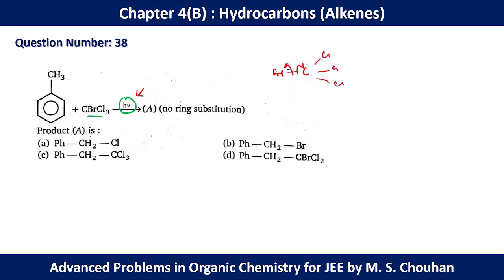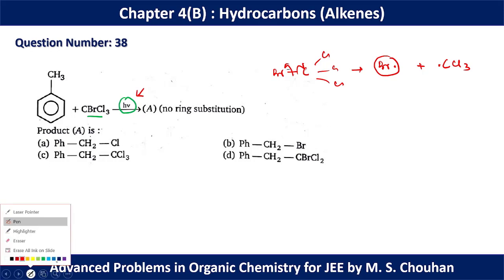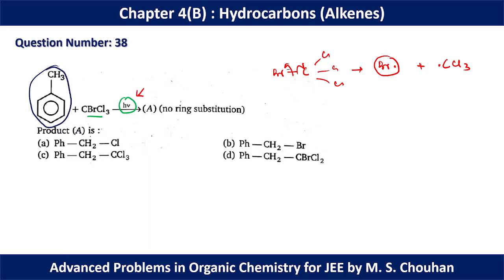As we know, Br dot is the most stable radical among all the halogens, so we should have a Br dot here, and Br dot will be attached to the starting material toluene where the radical is most stable, so we can dissociate this bond homolytically to have this kind of situation.